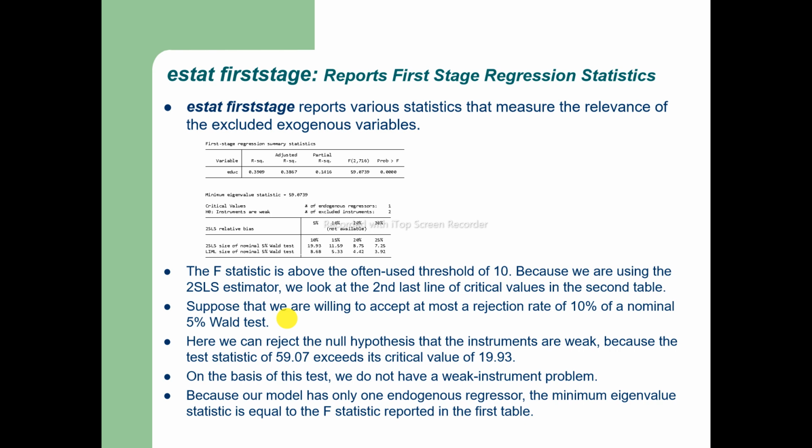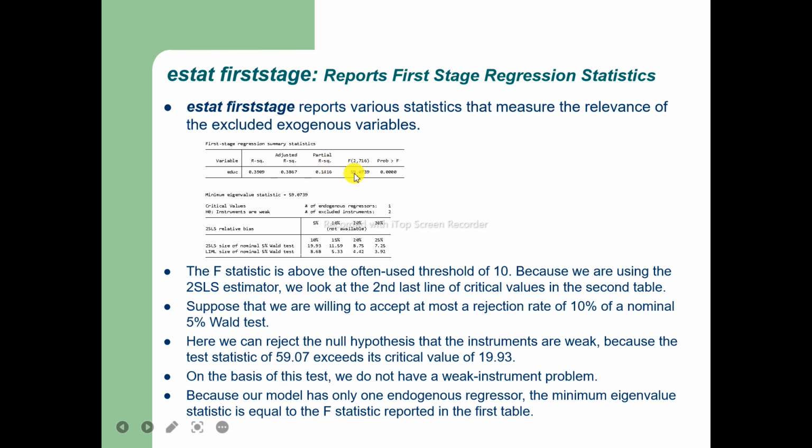Here two things are important. One is this partial R squared, which shows the correlation between the endogenous variable and the instruments. This is not very high. And secondly, we must also consider this F test.